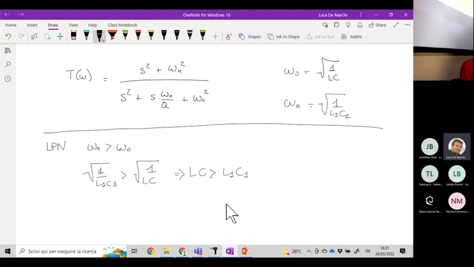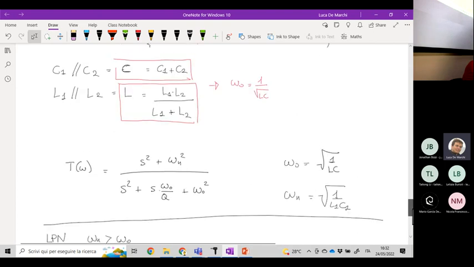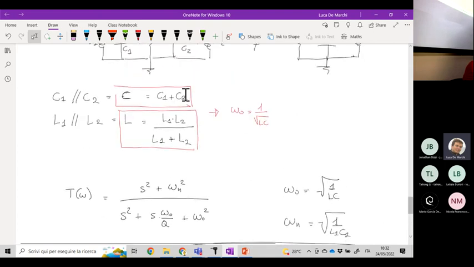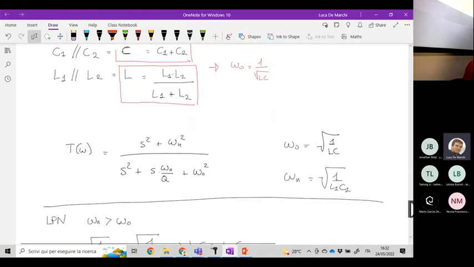From this expression, it follows that we have this result. But L and C are related to L1 and C1 by this formula. So we can substitute C with C1 plus C2 and L with L1 times L2 divided by L1 plus L2.